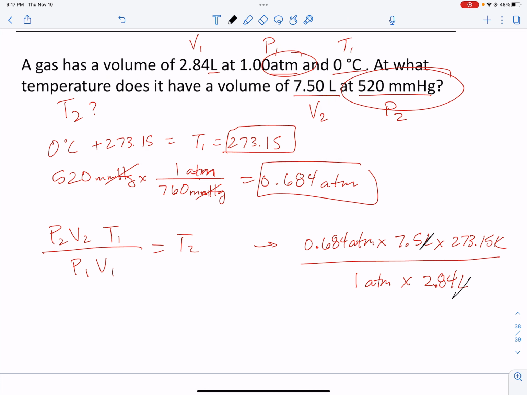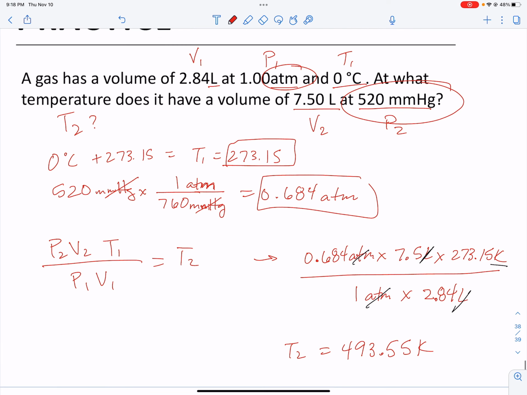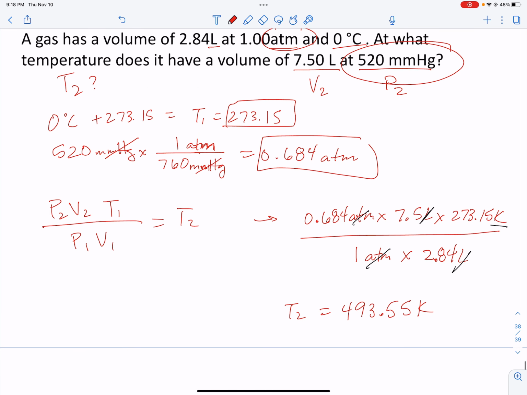Liters on top, liters on bottom, they cancel. Atm on top, atm on bottom, cancels. All we're left with is Kelvin, which is good because we're solving for a temperature. So we don't want that one to cancel. All right, when we do all this, let me plug it in. I got that our temperature, T2, is 493.55 Kelvin. A very, very, very hot temperature. All right, hope that's helpful.